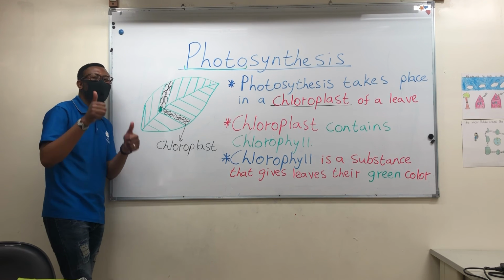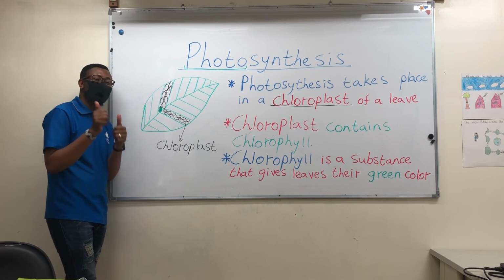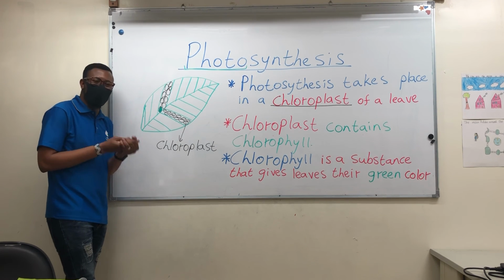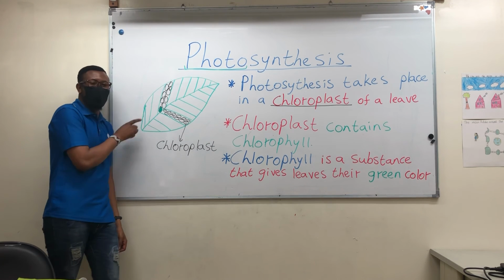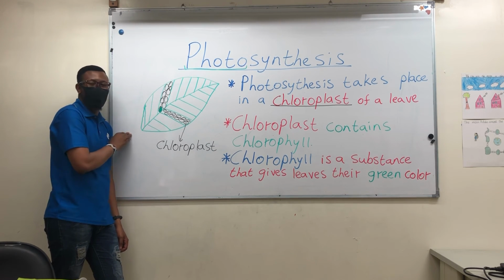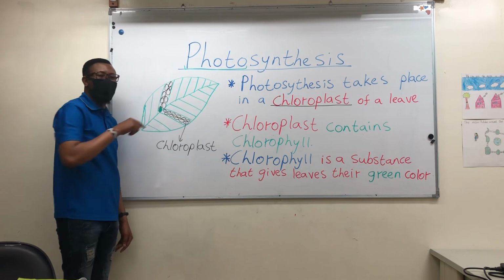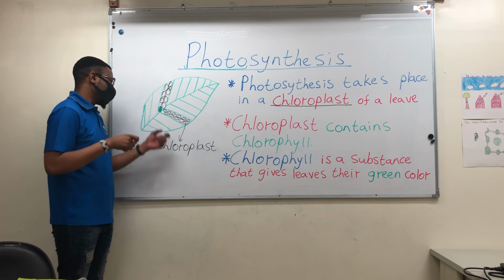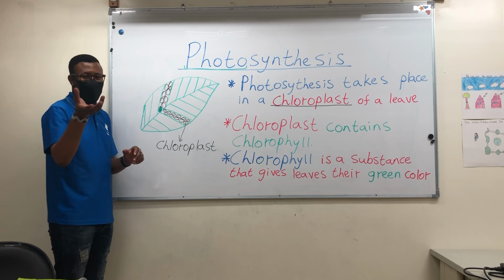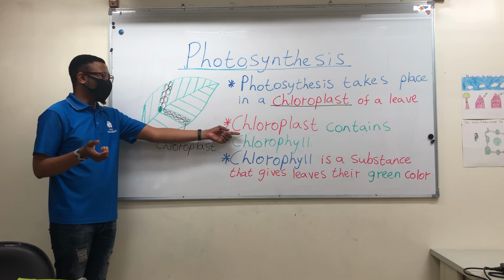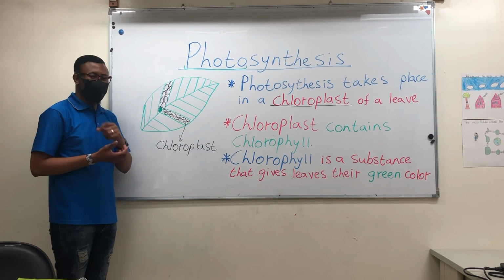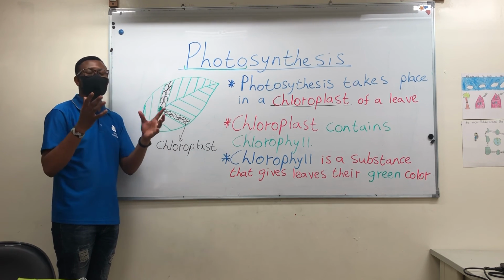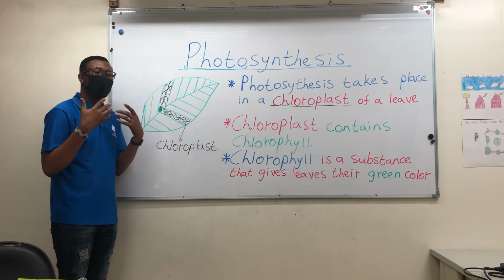Excellent. So for photosynthesis to take place, it needs a leaf. Inside a leaf, we find chloroplasts, small tiny structures. What do they have? They have chlorophyll. What is chlorophyll? It's a substance that gives the leaves their green color.